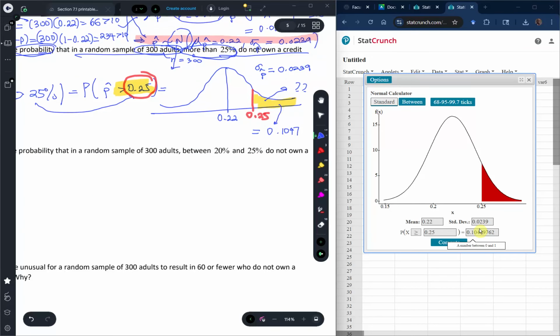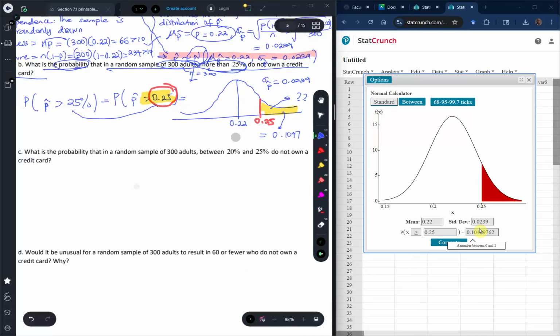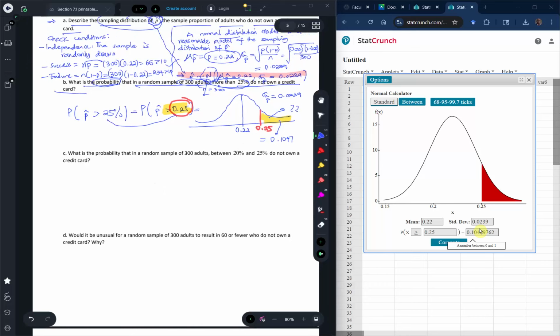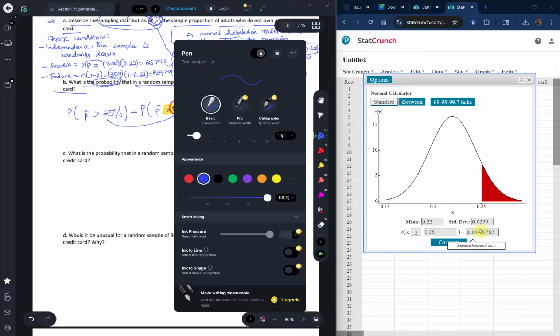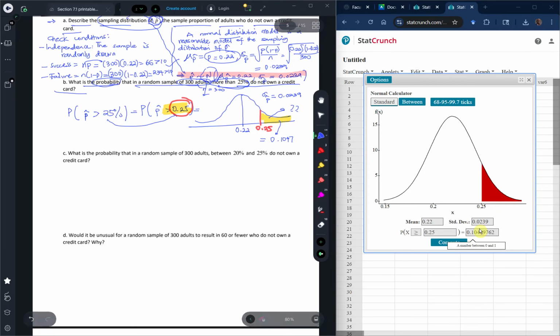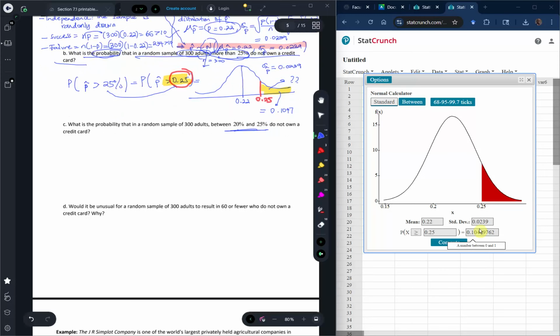The next part of the question says we should find the probability that in a random sample of 300, between 20 and 25% do not own a credit card. So our interest here is to look at the probability that the sample proportion is between 20% and 25%.